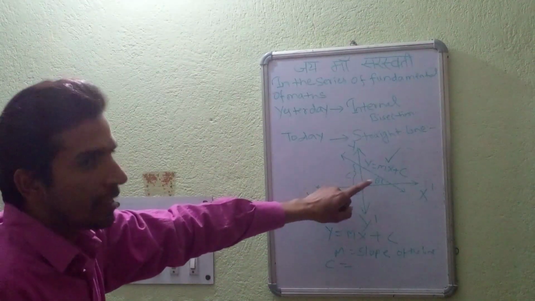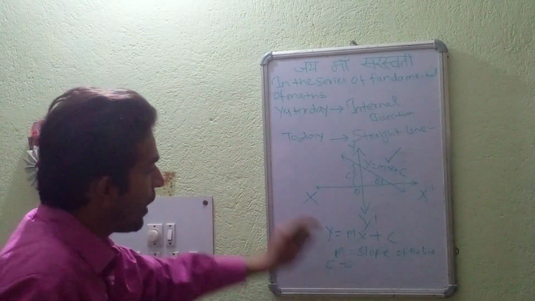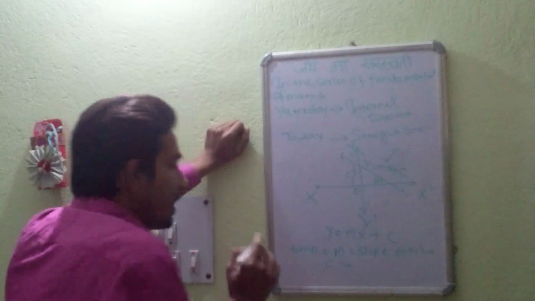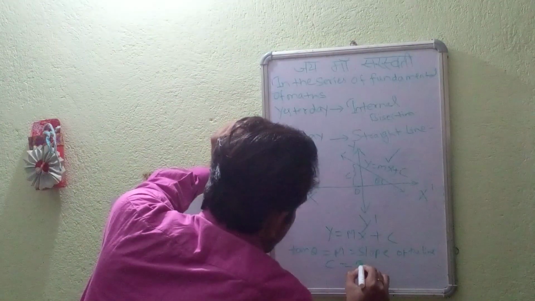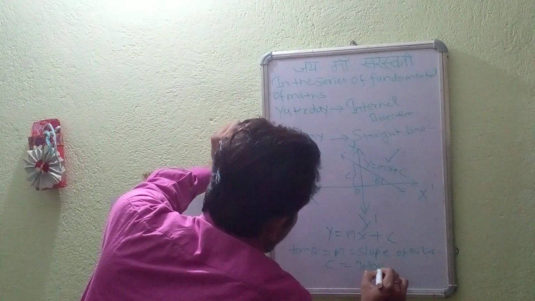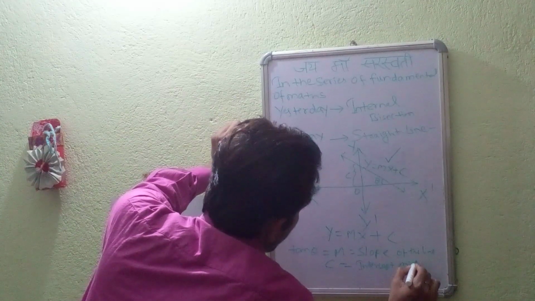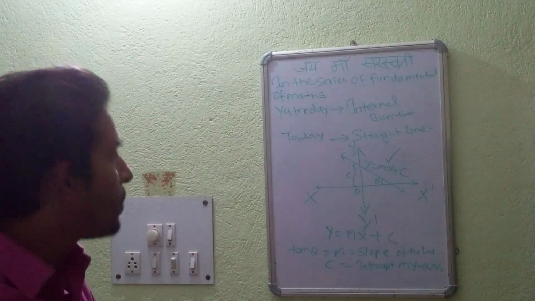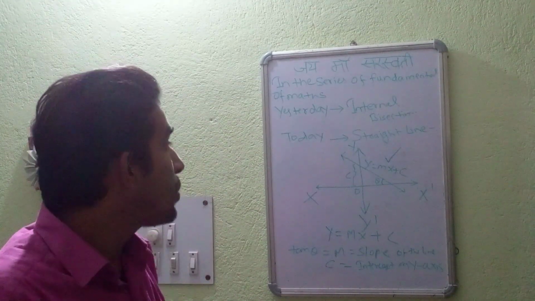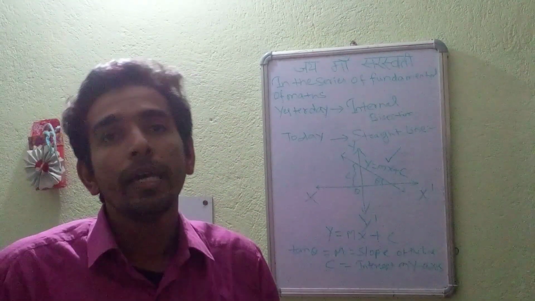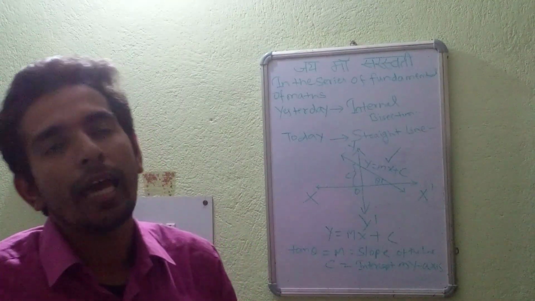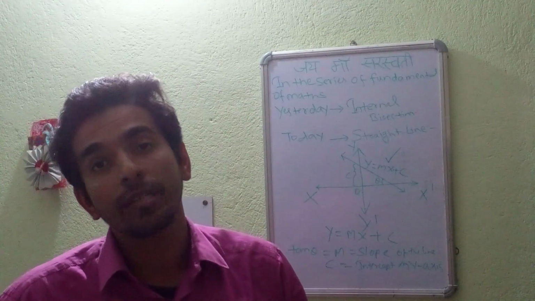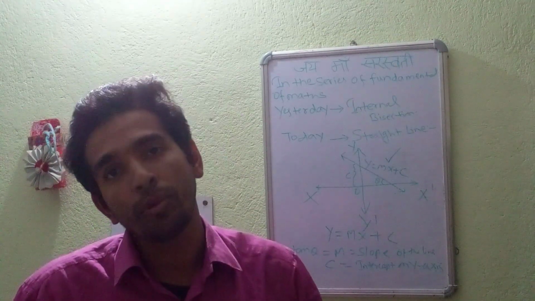So tan theta is known as m, tan theta equals m, the slope, and c is the intercept on the y-axis. This is the basic foundation of the equation y equals mx plus c, in which every letter has certain specifications. Small m denotes the slope, that is tan theta, and c is the intercept on the y-axis.